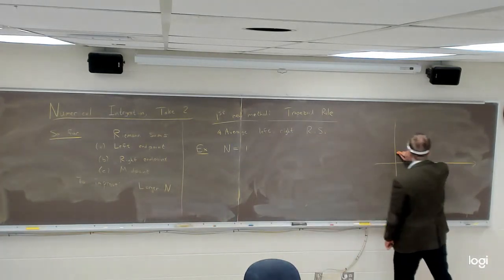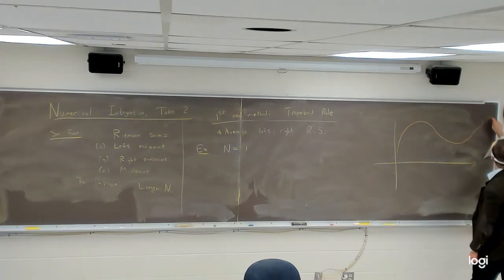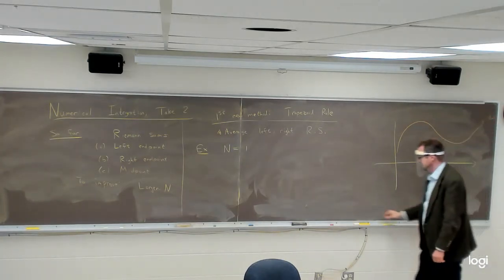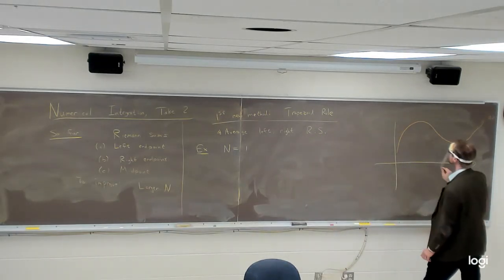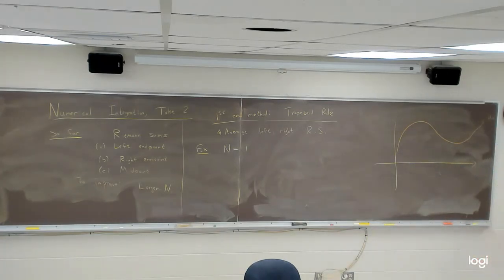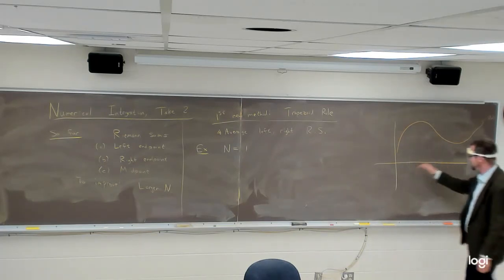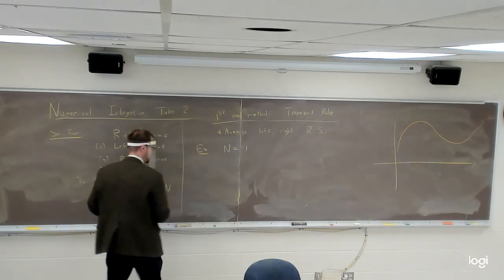But suppose I have my function f, and I'm maybe integrating from a to b. And my first trapezoid rule says don't chop the interval at all. No subintervals. Just take it as it is.